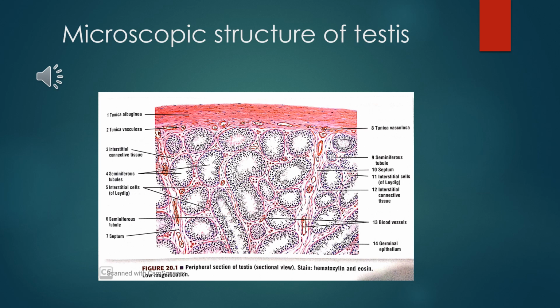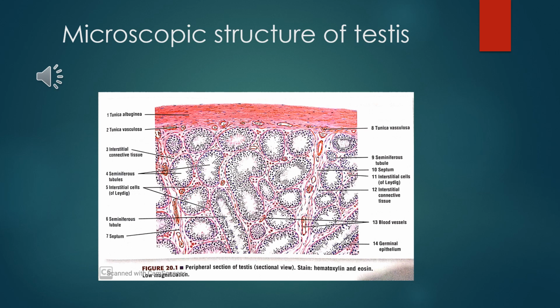Within the substance, the parenchyma of the testis is divided into lobules, and each lobule contains sections of seminiferous tubules. The seminiferous tubules are highly convoluted, so each tube is cut several times in any section through the testis. For that reason, the tubules assume various shapes.